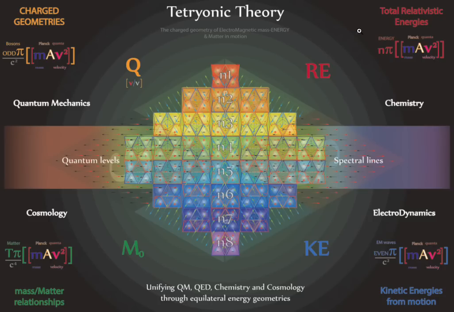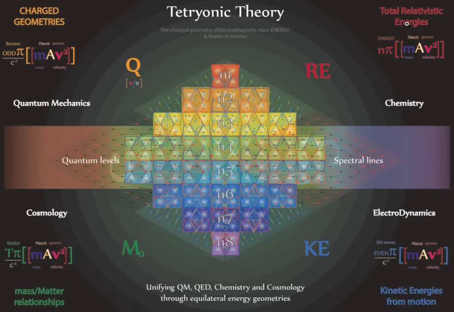And this number matches Einstein's formulations exactly, except for where we have changes in the chemistry, Tetryonic chemistry. And it gives us a much clearer picture of relativistic changes of mass energy matter within Einstein's stress energy tensor.